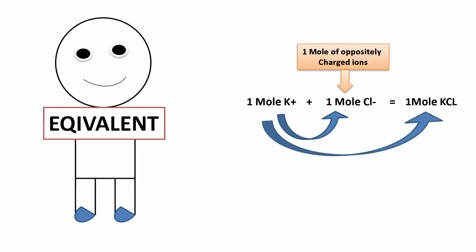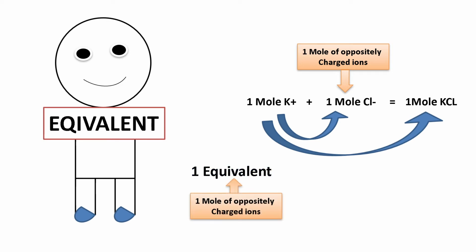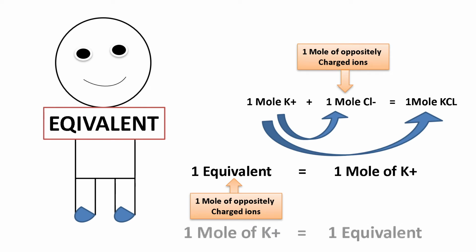That means 1 equivalent is 1 mole of oppositely charged ions that will bind chemically with potassium ions. So, 1 equivalent is equal to 1 mole of potassium, or we can say that 1 mole of potassium ion is 1 equivalent because potassium needs 1 mole of oppositely charged ions.